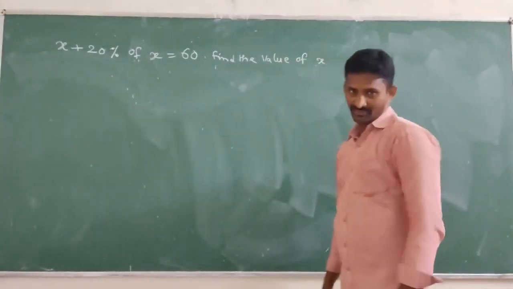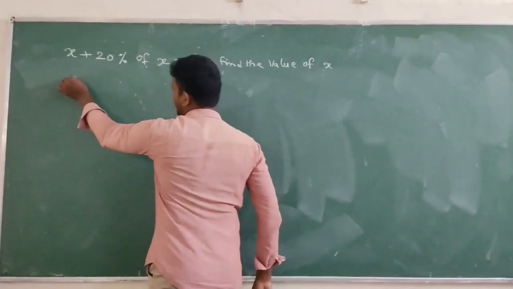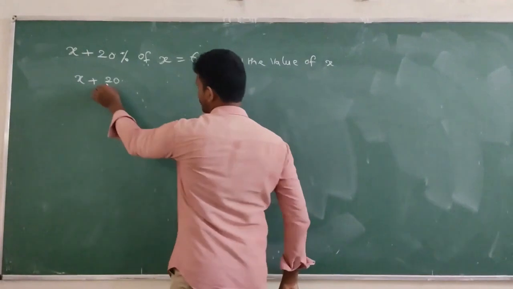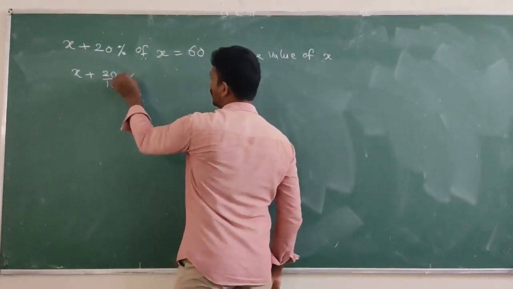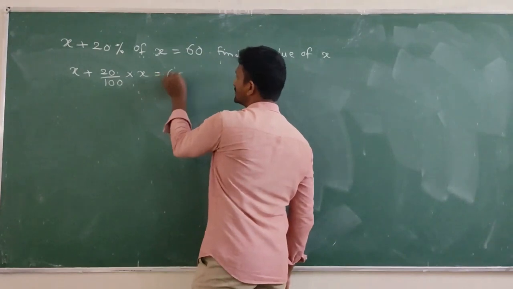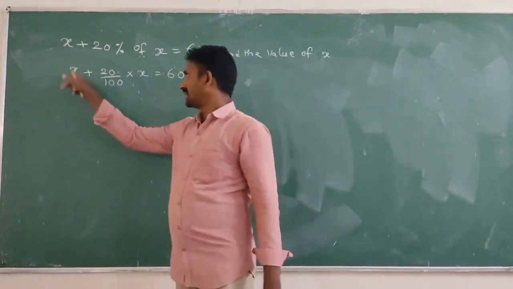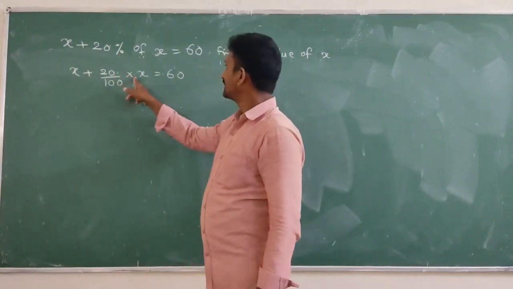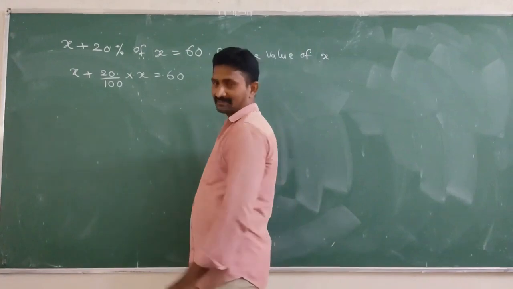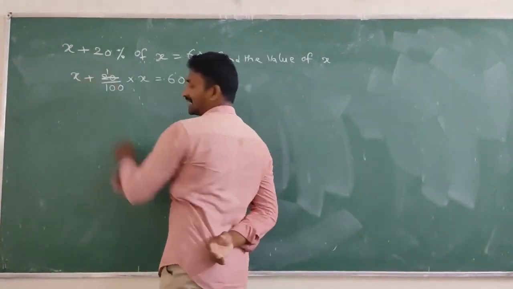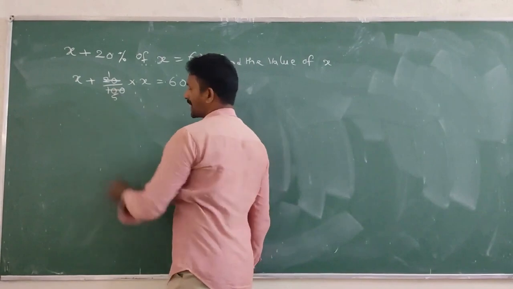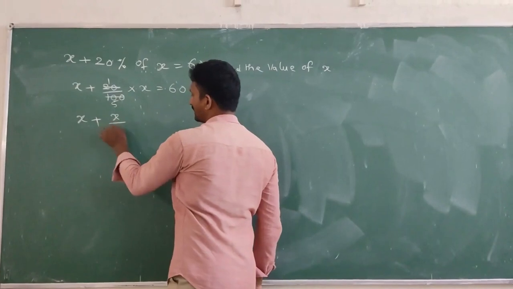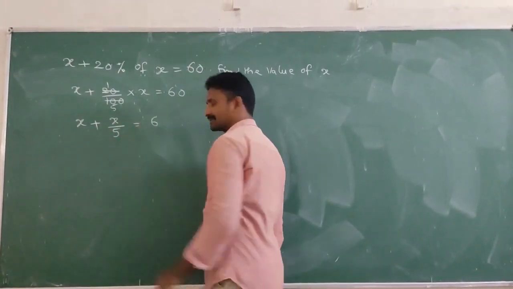Find the value of x. 20% means 20 by 100, so x plus 20 by 100 into x equal to 60. 20 ones are... 1 by 5, so x plus 1 into x by 5 equal to 60.